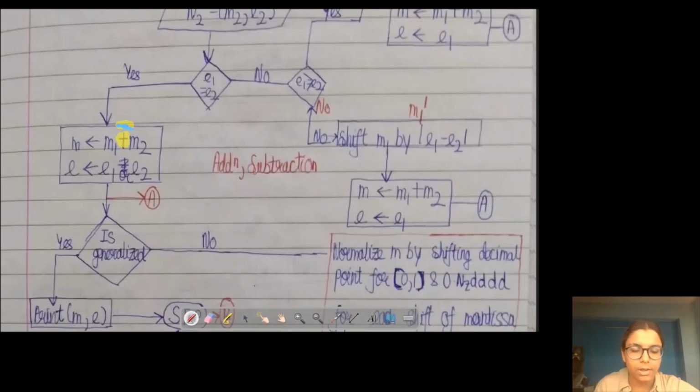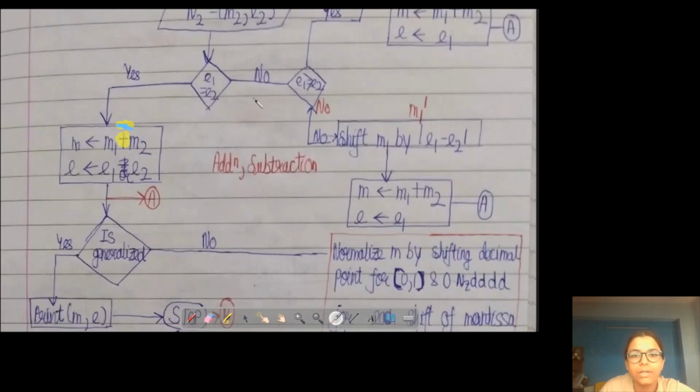I would just change the sign for subtraction, and so it would get me an answer. I would just subtract the mantissas and just take the value for the exponent part of the number.